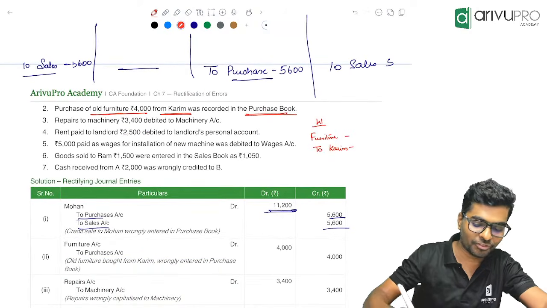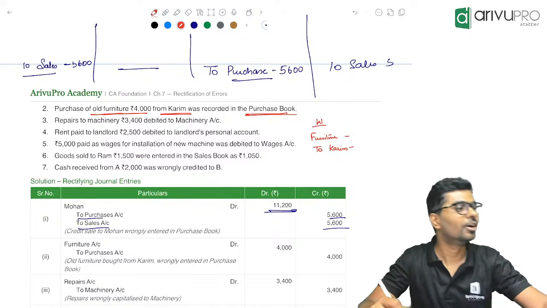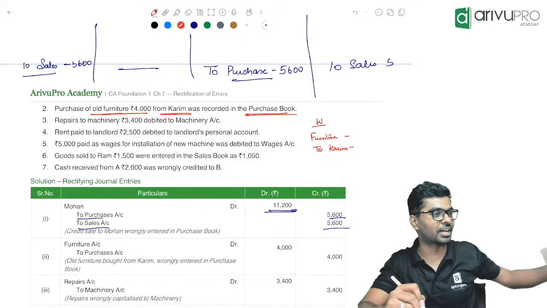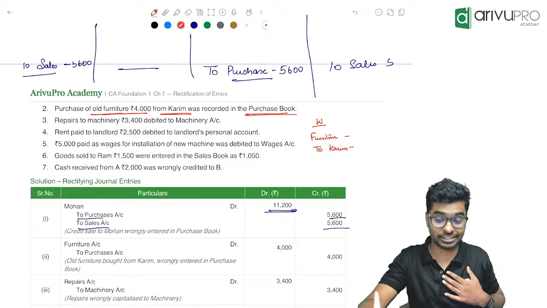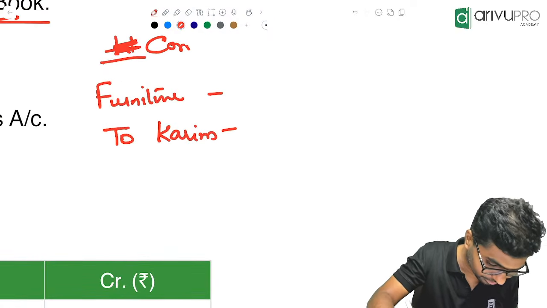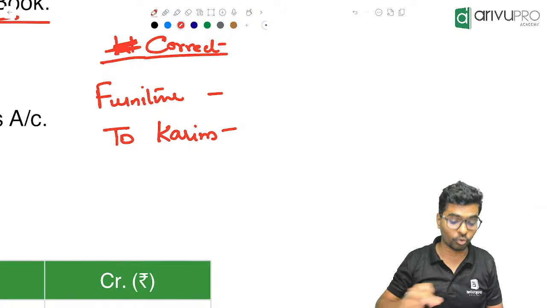For you it might be an old furniture. For me it is my Taj Mahal. It is my new asset. So the new asset will be recorded, and the correct entry will be furniture to Karim. What is the amount?